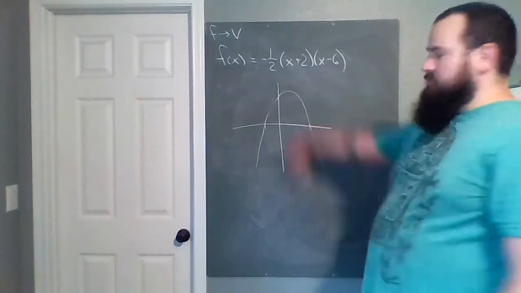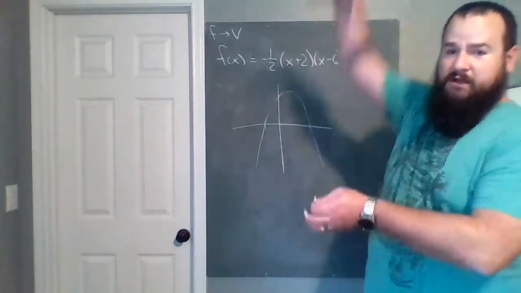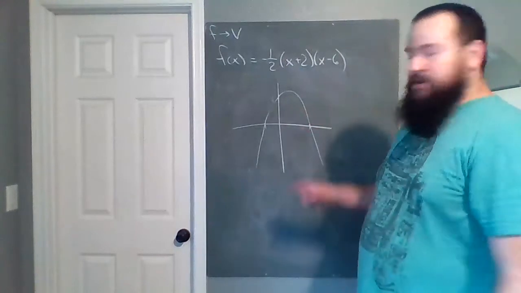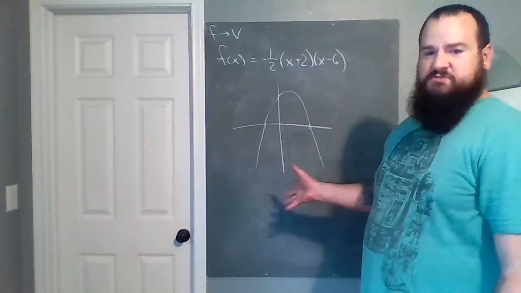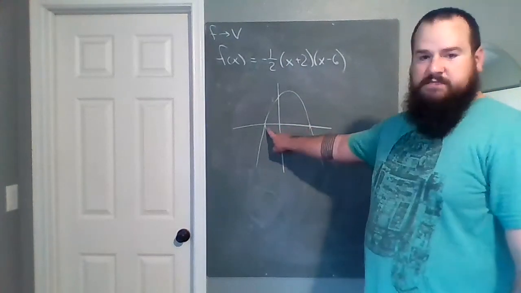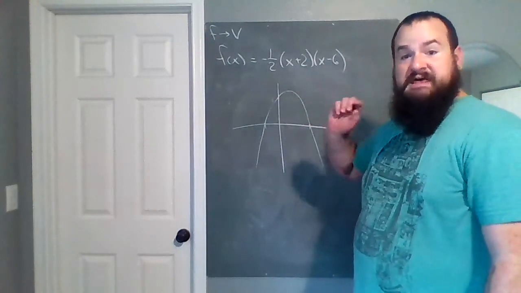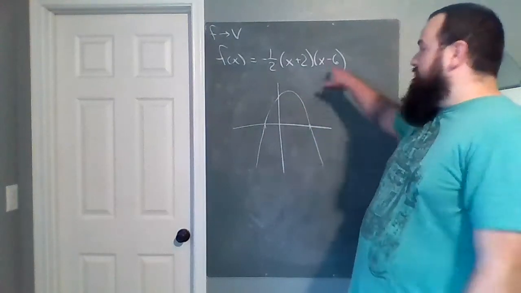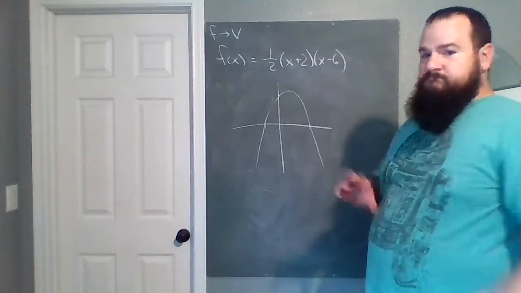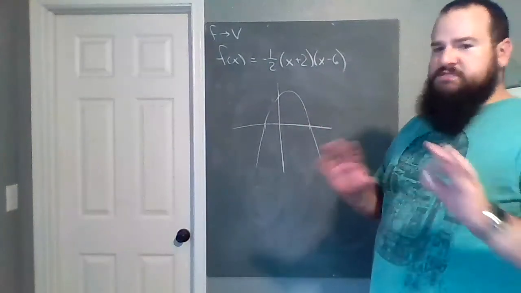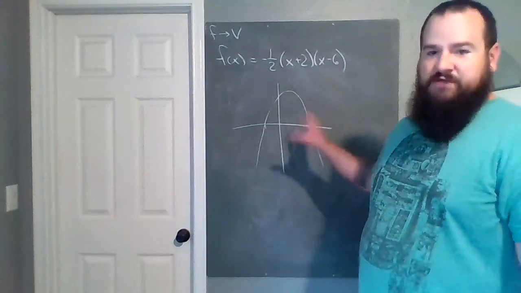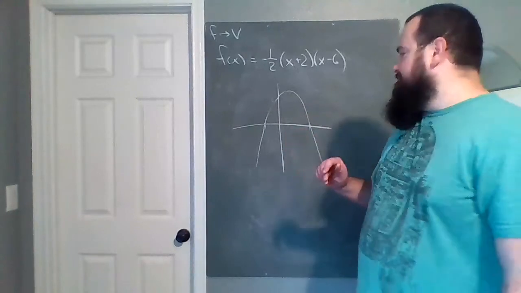Notice there's no scale on my vertical axis because I don't know how high this goes. But I know it's a parabola, so it has this symmetry and this general shape. It goes through these two points and opens down. That is huge. From just looking at this equation, doing no mathematical work whatsoever, I got a rough sketch of our parabola. That's pretty cool.